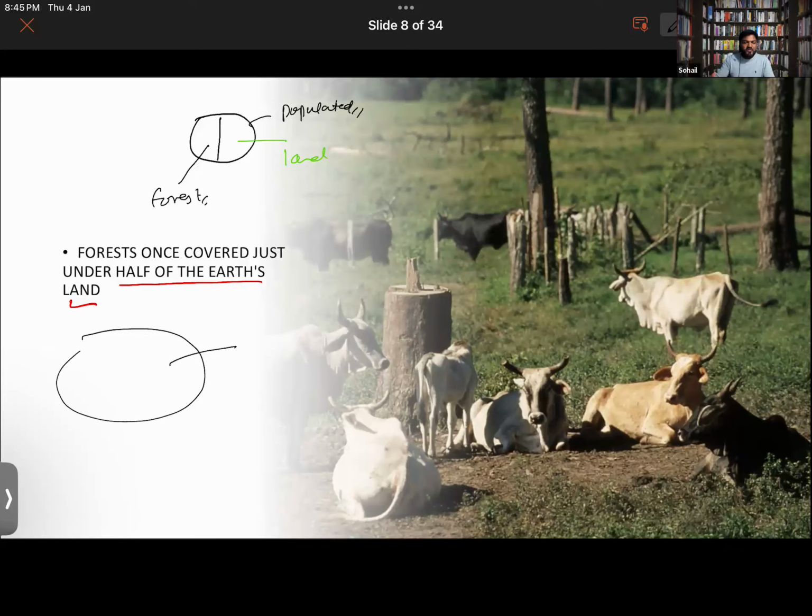But thousands and thousands of years ago, almost 50% of the land was occupied by the forest only. Nowadays, more than 50% is occupied by human settlements. Hope that is also clear.